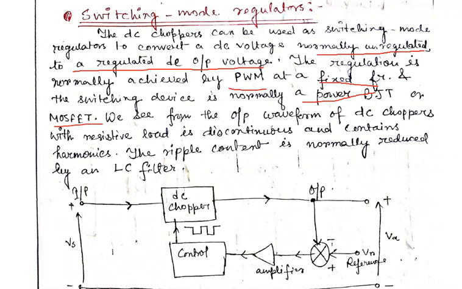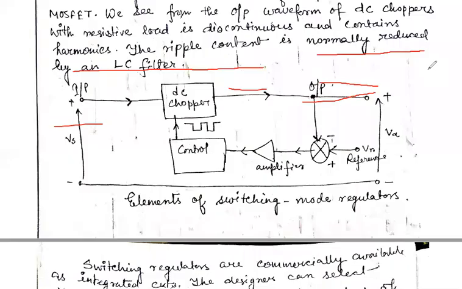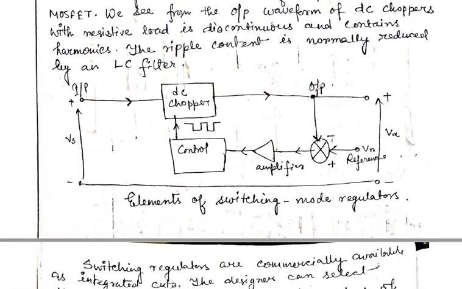So these are the basic elements of a switching mode regulator. What are the elements? Here we give the supply. This is a DC chopper. Here we get the output, and from the output there is a feedback compared with a reference.